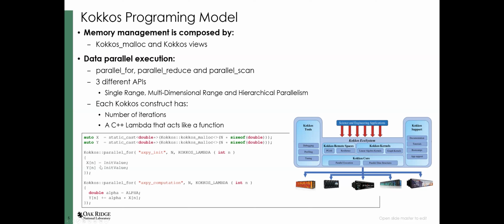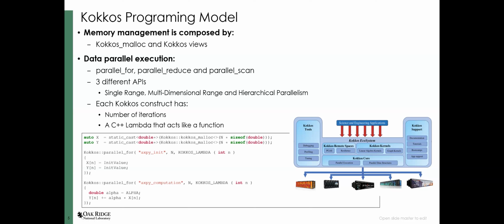Then we initialize the vectors, X and Y, which are 2 independent vectors. First we call a parallel for to initialize these vectors, and then after that we make an AXPY operation using the same parallel construct. So this is what Kokkos code looks like.